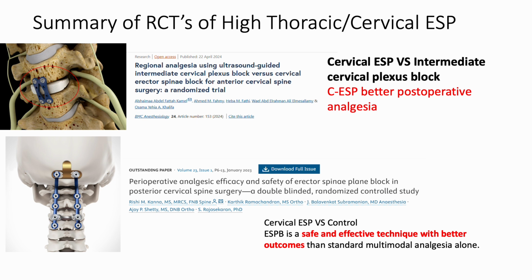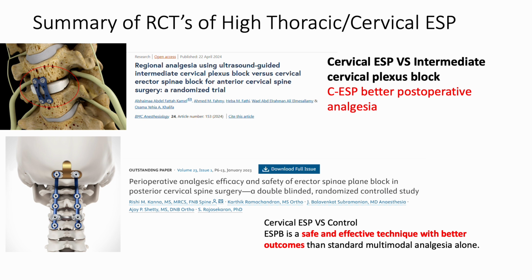This slide is a summary of all the randomized controlled trials of high thoracic or cervical ESP block for cervical spine surgeries. In the first trial, which looked at cervical ESP versus intermediate cervical plexus block for anterior cervical spine surgery, cervical ESP provided better postoperative analgesia than cervical plexus block.